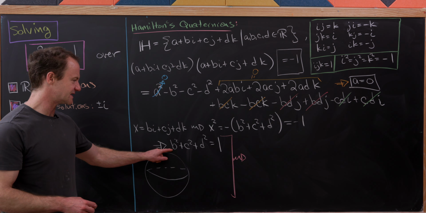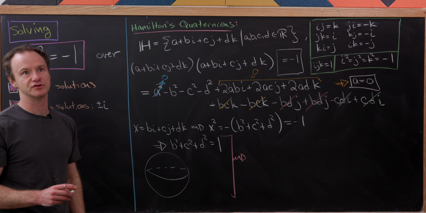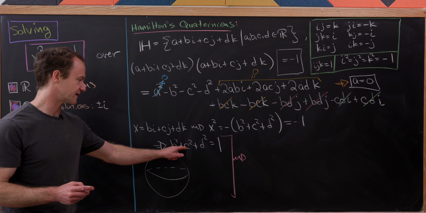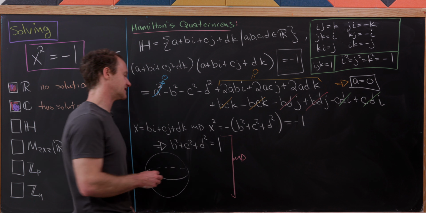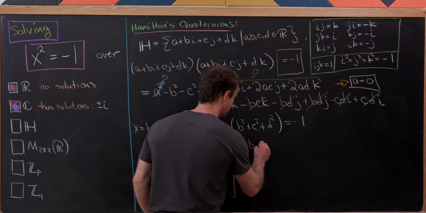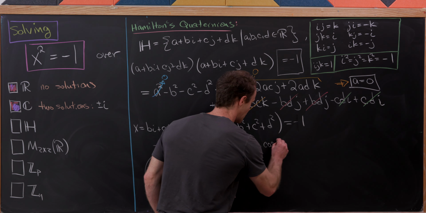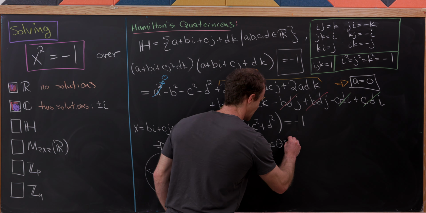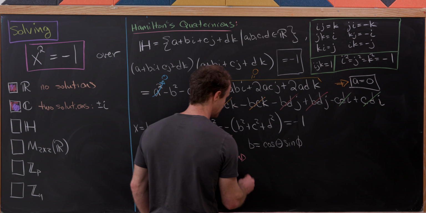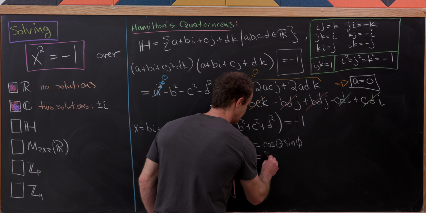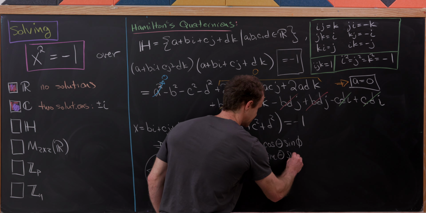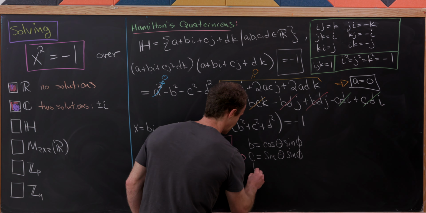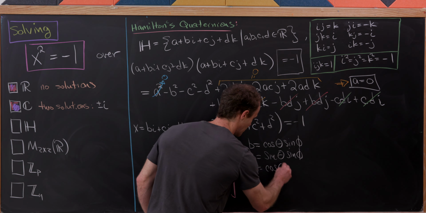So let's take b to play the role of x, like you would usually see in multivariable calculus, c, y, and d, z. So that tells us that b should probably be cosine theta times sine phi, and then c should be sine theta times sine phi, and then finally d should probably be cosine phi.